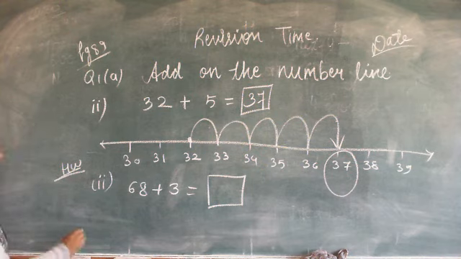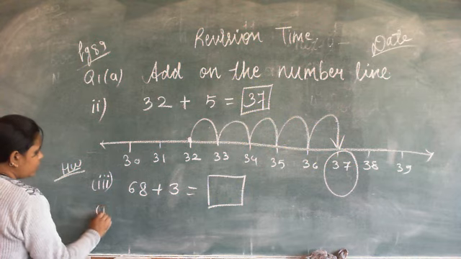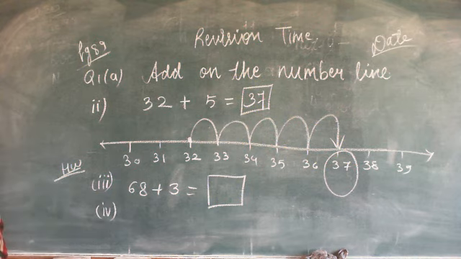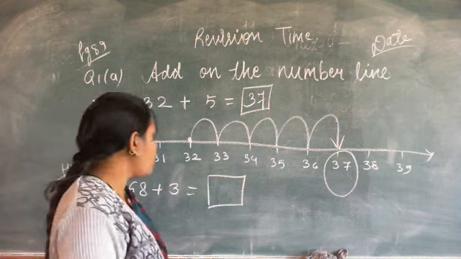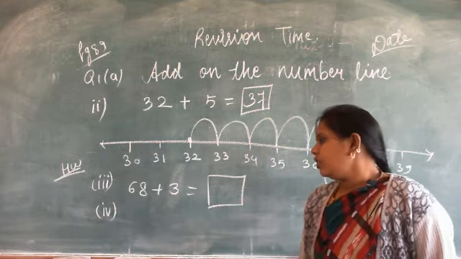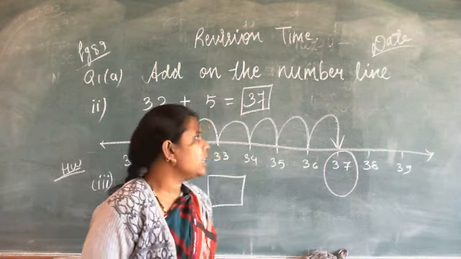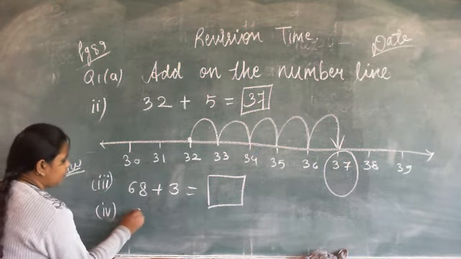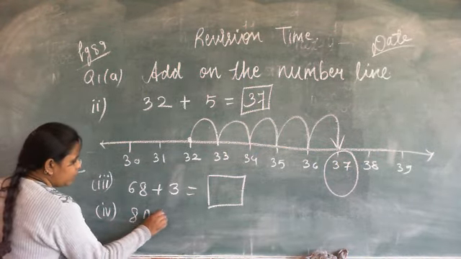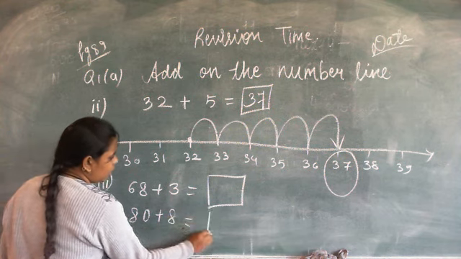Now one more question. This is third. Now write homework question number 4. Right? 80 plus 8 is equals to.